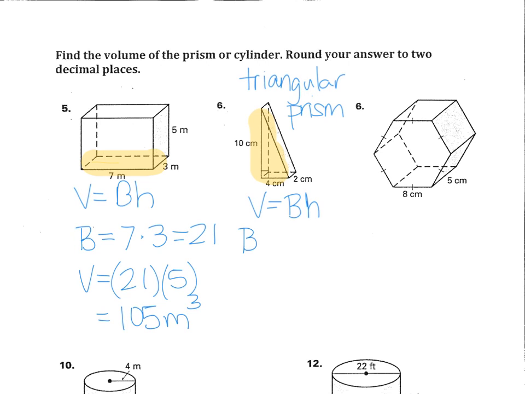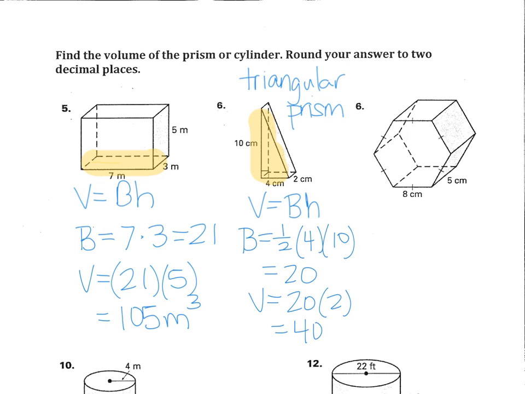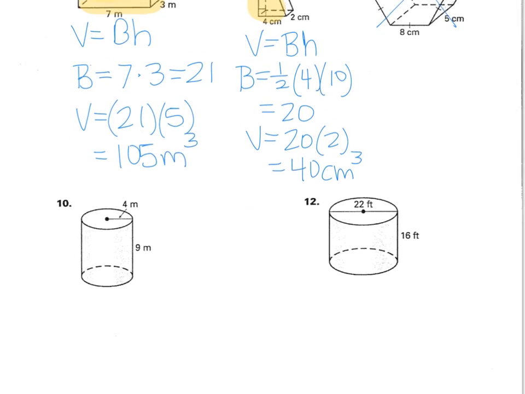So B, the area of the triangle, is 1/2 base times the height. So the volume would be 20 times 2. The distance between the two bases is its height. So 40 centimeters cubed. I'm not doing regular polygons.